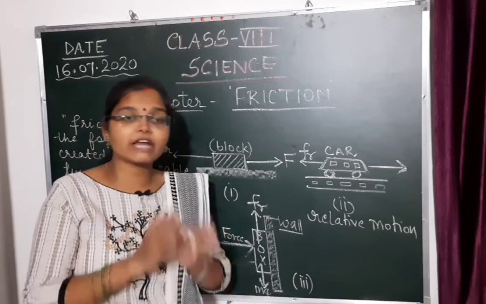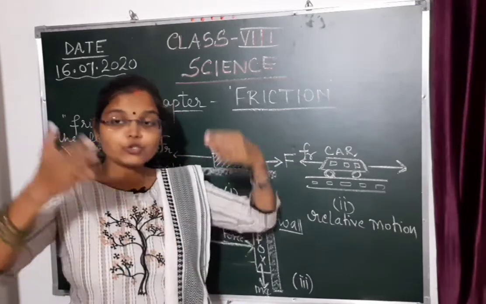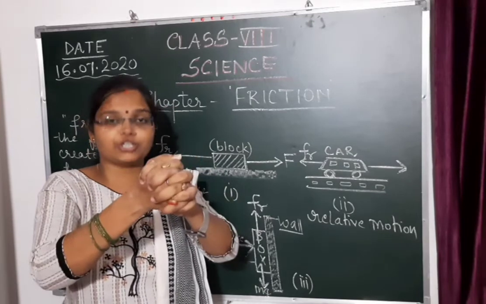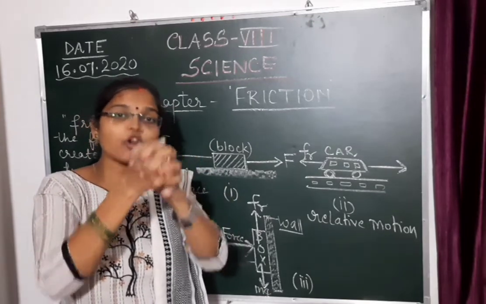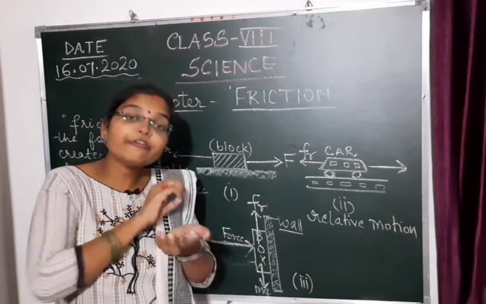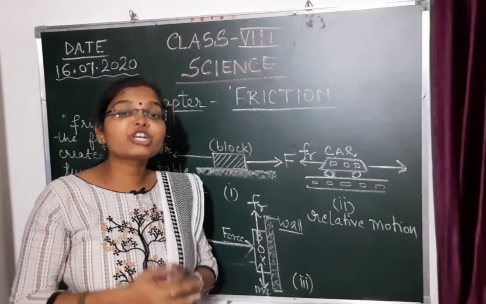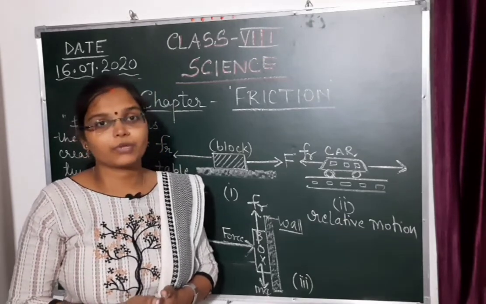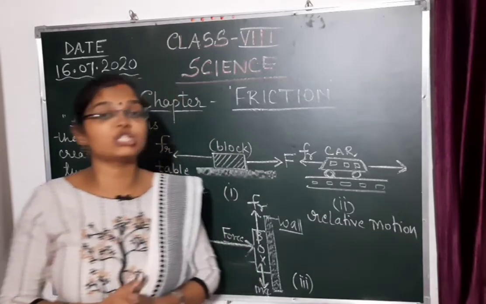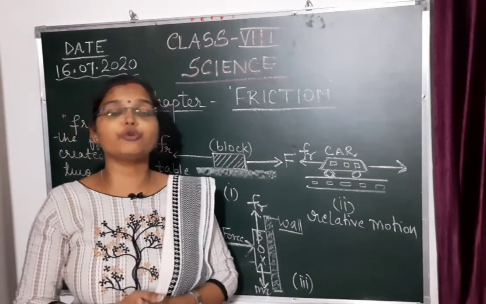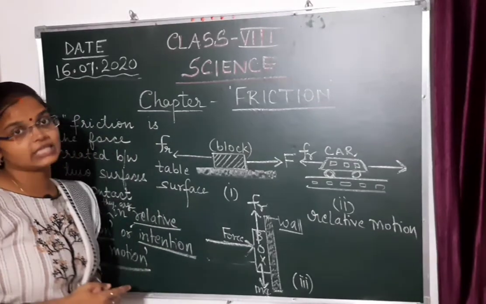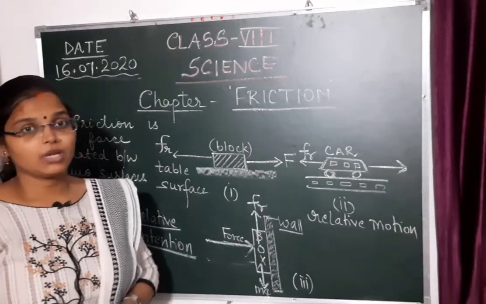So if the surface is rough and 2 points come in contact with each other, they interlock each other. And when they interlock each other, friction is more. And if the surface is smooth, friction is less. So we can say that friction depends upon the roughness of the surface, and this is also known as irregularities.